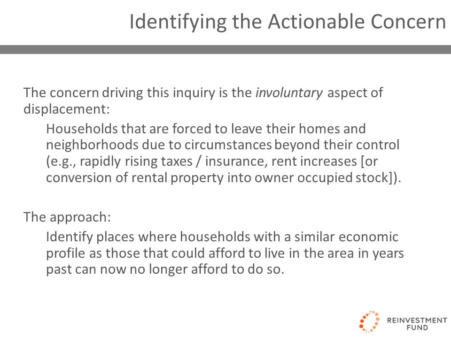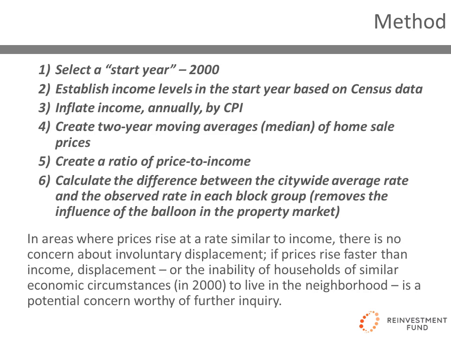What we basically do to do this work is, we pick a particular start year. In the instance of the work that we're going to show you today, we go all the way back to 2000. We establish income levels at that time in places, and we allow income only to change along with the consumer price index.